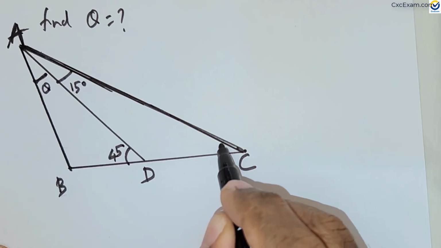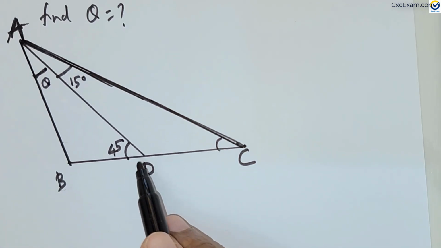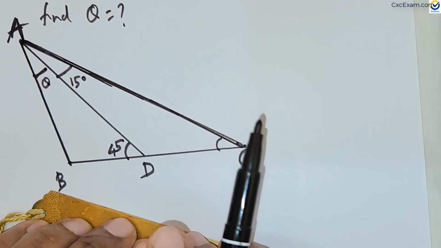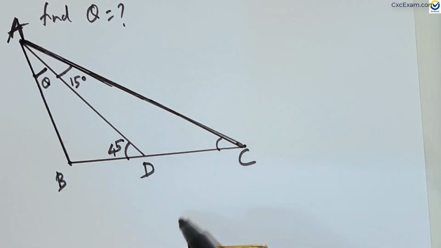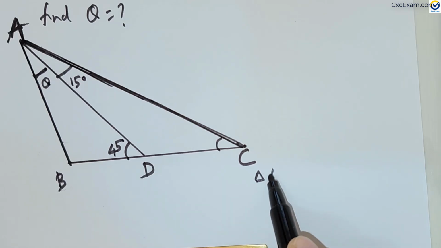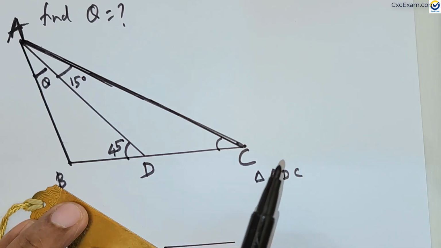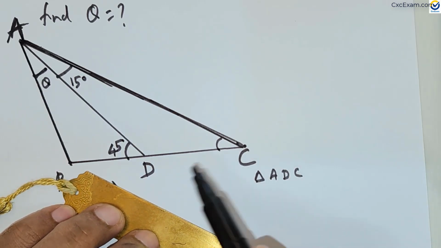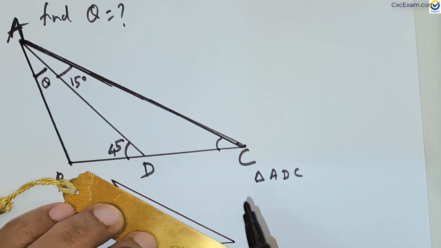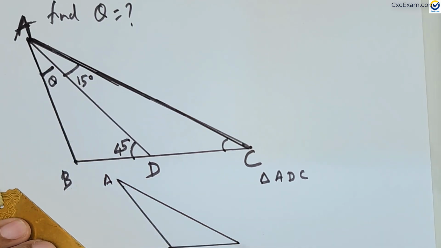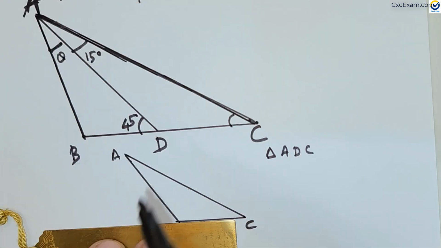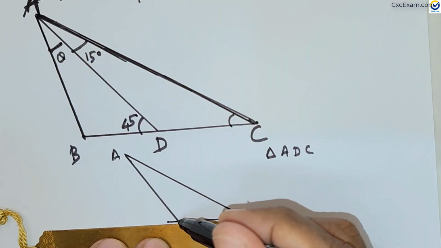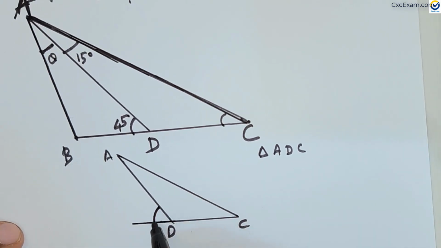Now foremost, I would like to find this angle. If you see this figure, I'm drawing triangle ADC, and there is a stretch here. This stretch is carrying an angle of 45 degrees.